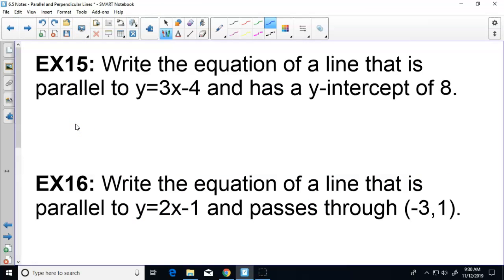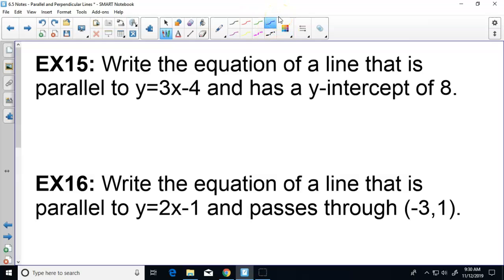Okay. So, problems like 15, students often think are very difficult because they have a lot of words, but this one is a very simple problem. Okay? So, write the equation of a line that is parallel to y equals 3x minus 4 and has a y-intercept of 8. Okay? So, Monica, what would the answer to that be?